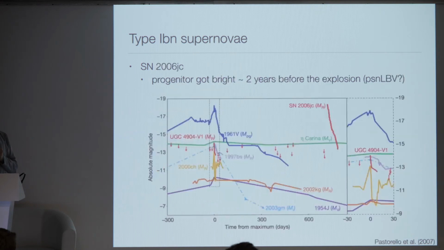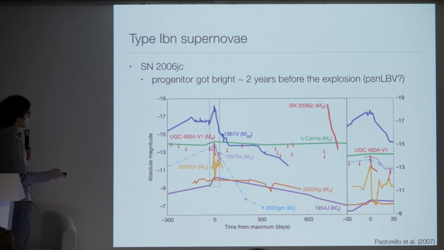And what's interesting is that in one case, the progenitor of one type 1bn supernova was observed to get bright 2 years before the explosion. This supernova exploded in 2006, and it's called 2006jc, and it became bright and then faint.